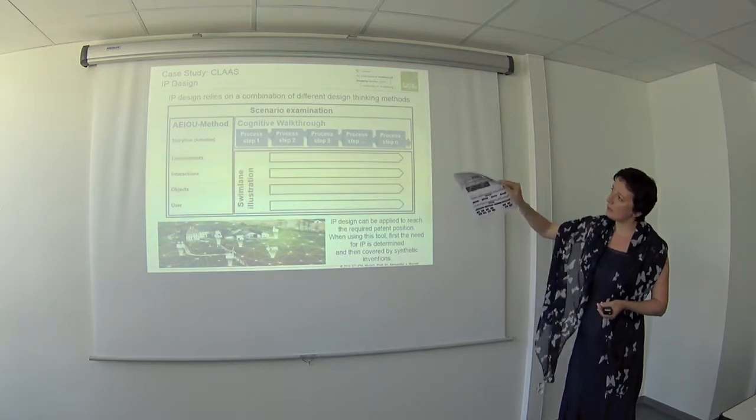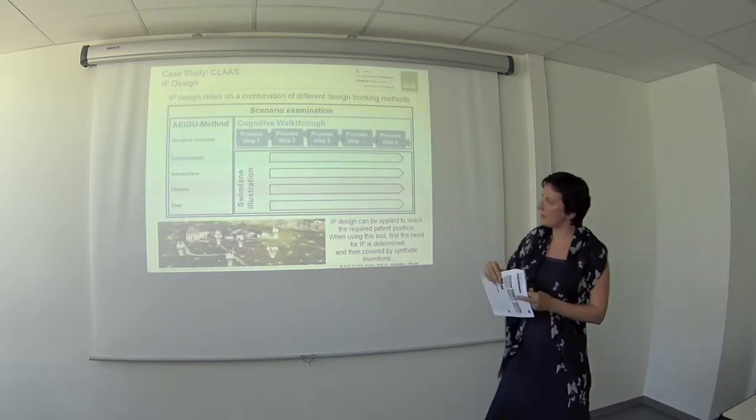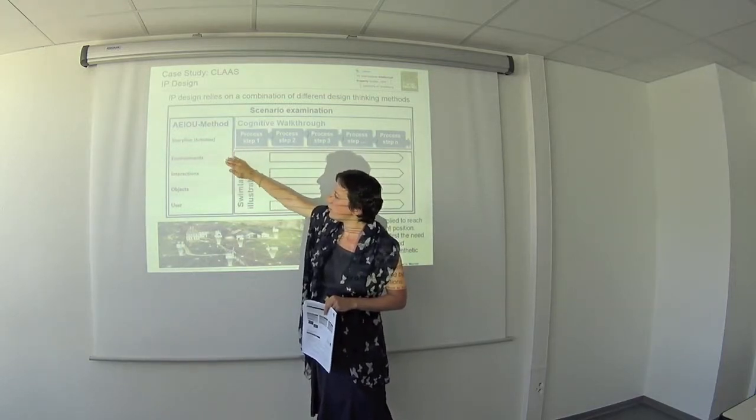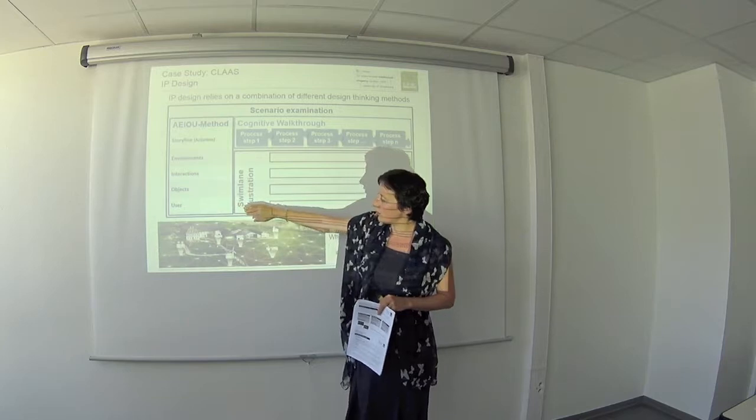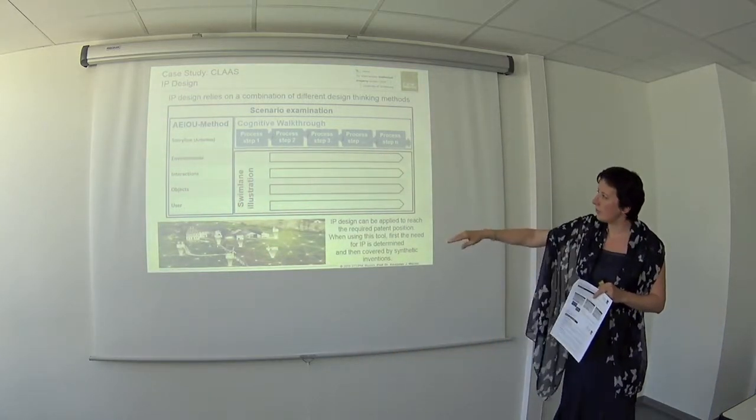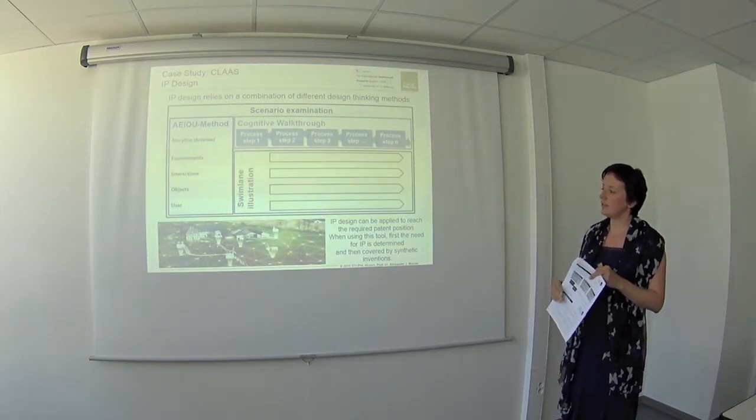With this method, we see the different points of view: the environment, the interaction, the object, and the users. And so we can determine which invention could cover each step.